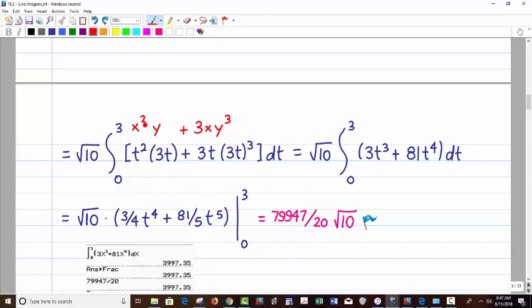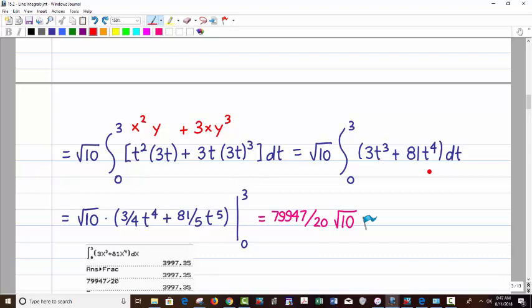And so you see there's x squared y plus 3xy cubed. So here's, like I was explaining before, I'm substituting the t's in right here. And I combined these together a little bit. And I got 3t cubed plus 81t to the fourth. And that's a pretty easy integral to do manually.